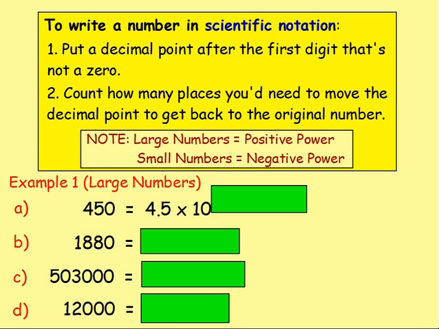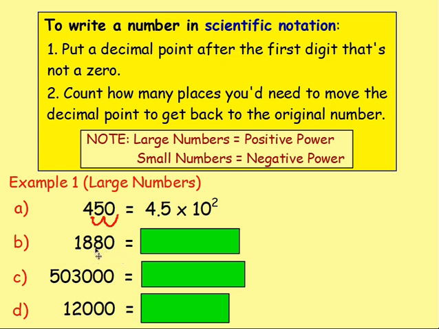We put the decimal just after that 4, so we had 4.5, and to get back to the 450, well, 450 is the same as 450.0, so the decimal's really there, so we'd have to move it 2 places, which means we'd have to the power of 2.